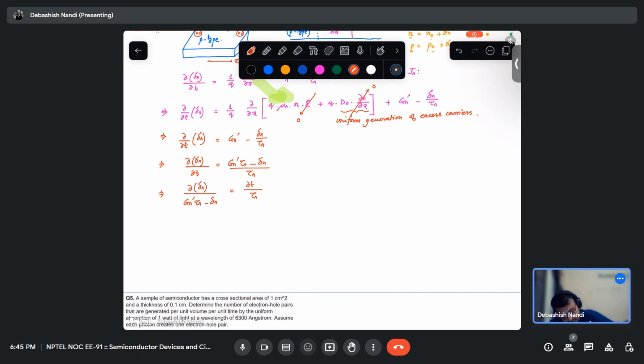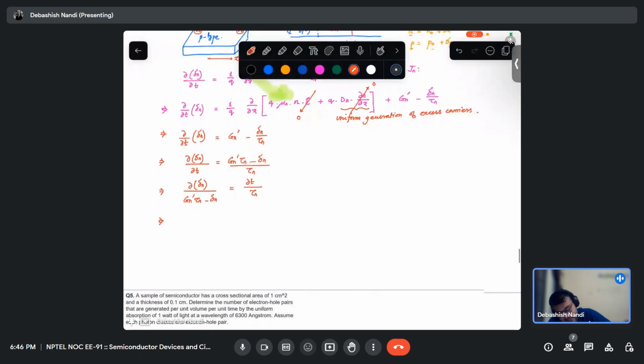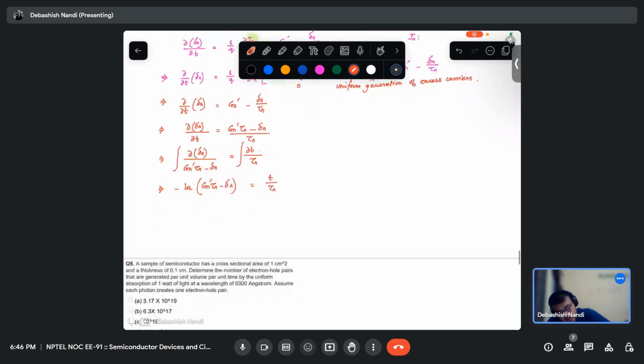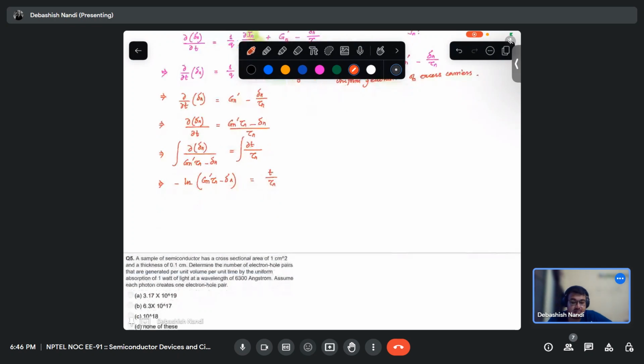If we integrate it, I will have minus ln of (Gn dash tau n minus delta n) equal to t over tau n, since tau n is constant, plus some constant, because I am doing indefinite integration.